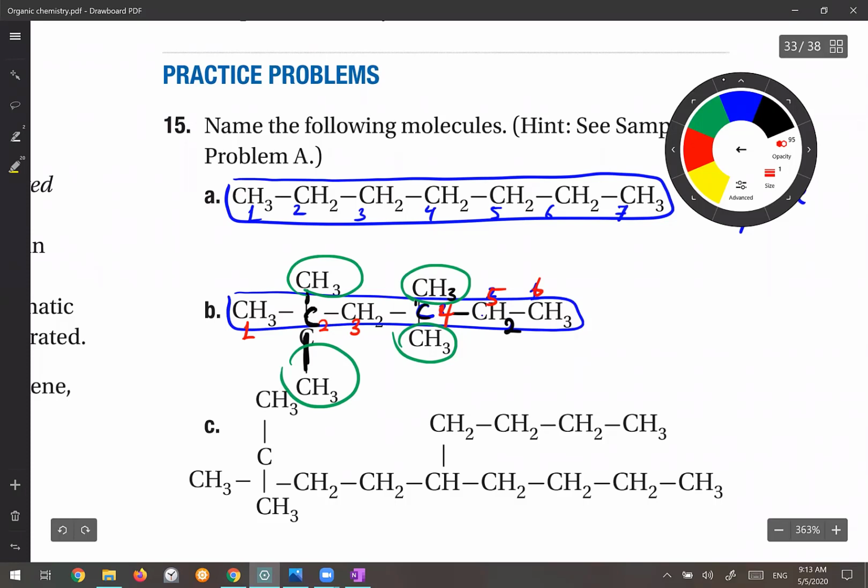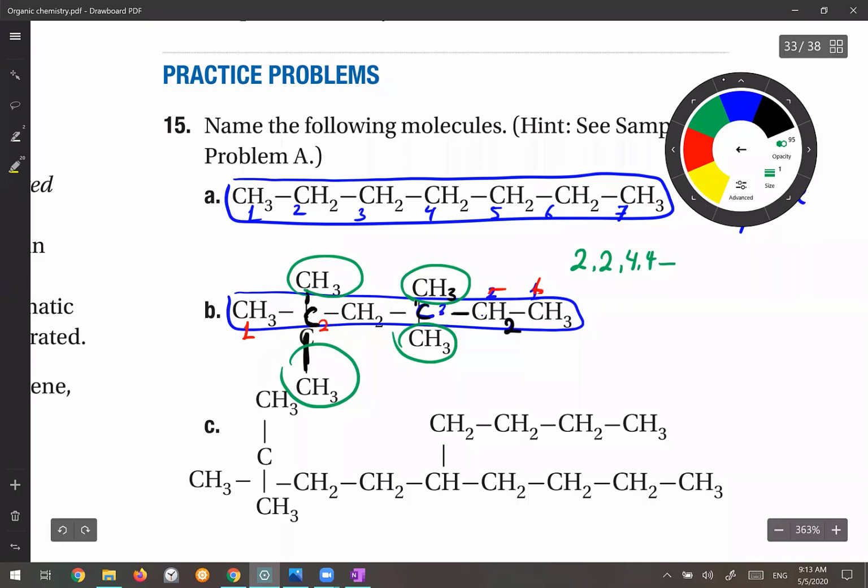Okay, so the position of my branches: one of them is in the second position, the next one is also in the second position, the next one is in the fourth position, and the last one is also in the fourth position.